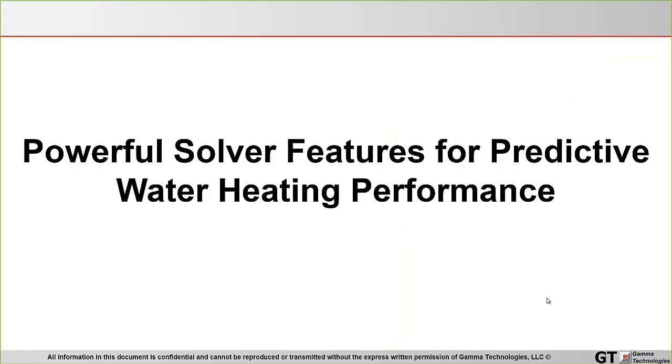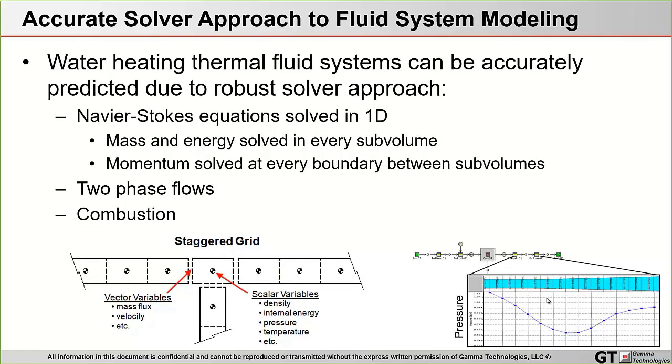Now I want to transition a little bit to some of the solver features that make predictive water heating performance possible. And so it starts by looking at the backbone to the GT Suite simulation solver on the fluid dynamics side. And so when we look at how we solve the governing equations for fluid dynamics, we're solving the same Navier-Stokes equations that you would with 3D CFD, which is namely conservation of mass, momentum, energy, and also species everywhere in the system.